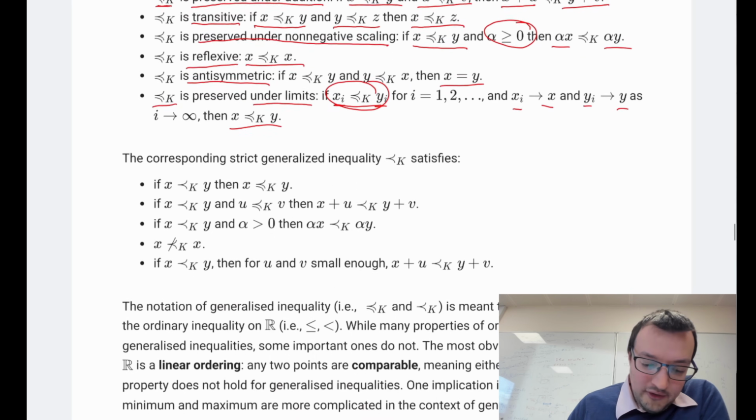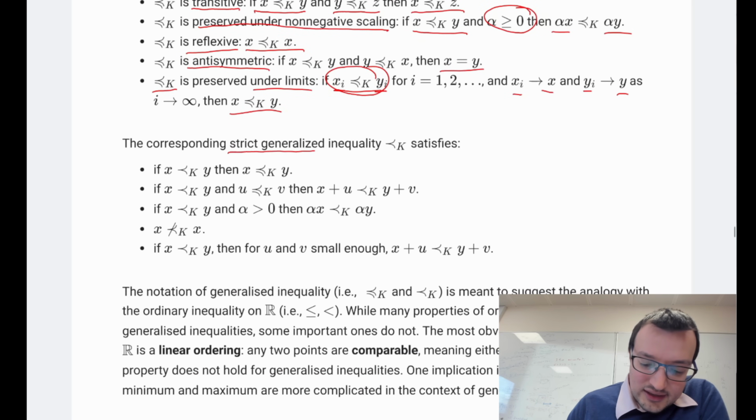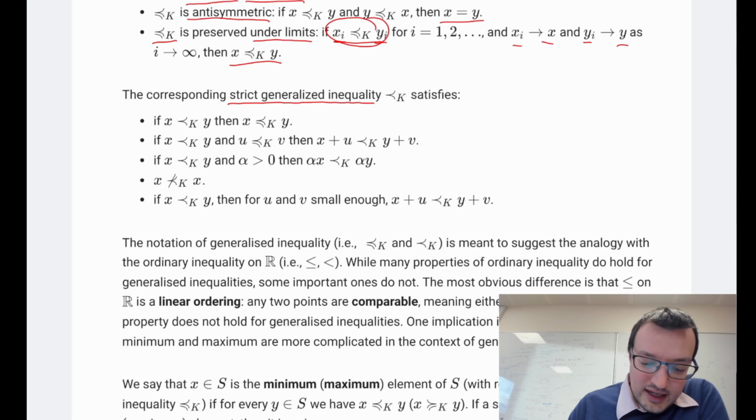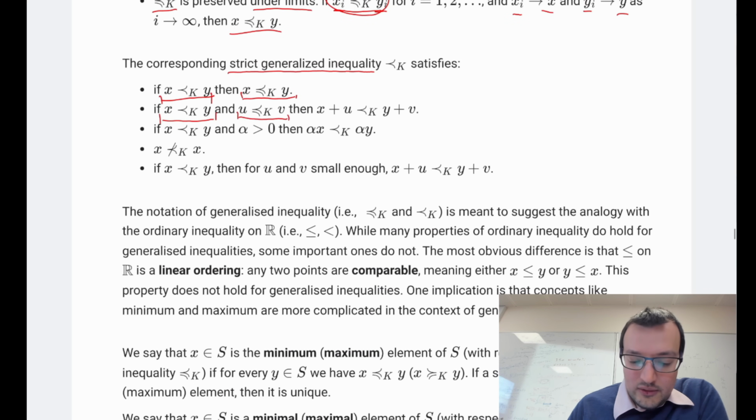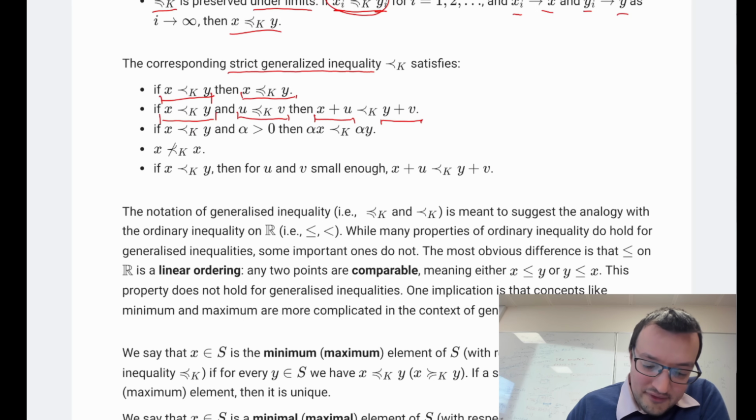For the corresponding strict inequality, again we have some standard properties. If x is strictly less than y, then x is less or equal than y. If we have x strictly less than y and u less or equal than v, and we sum them, then x plus u is strictly less than y plus v. The strict inequality is preserved by positive scaling.